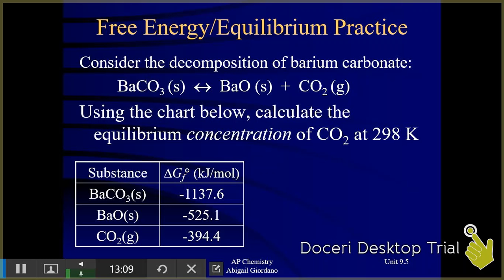So let me get to a fresh screen here. And that's the first thing I'm going to do. I am going to calculate the change in Gibbs free energy for this reaction by using those formation values, products minus reactants. So there's the first product. Here's my second product.